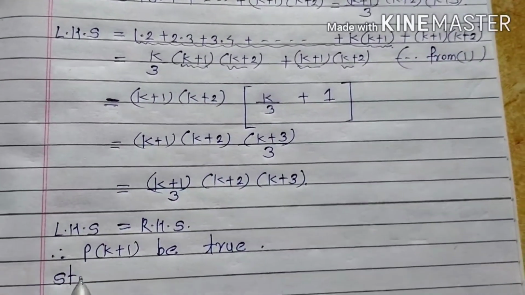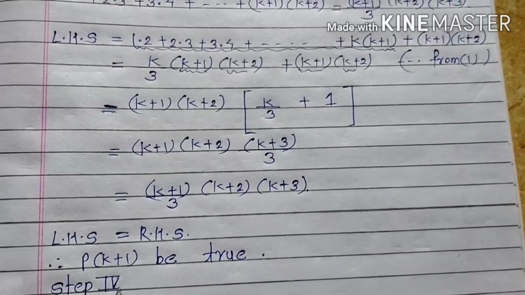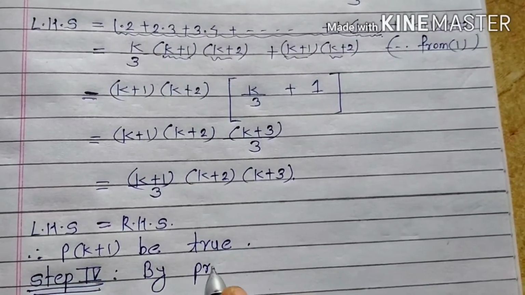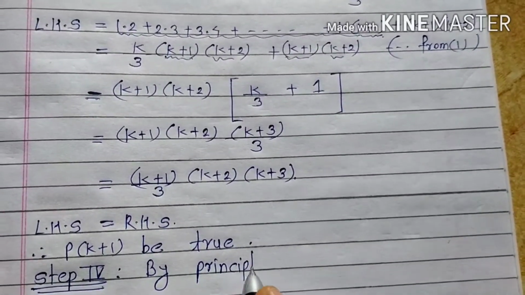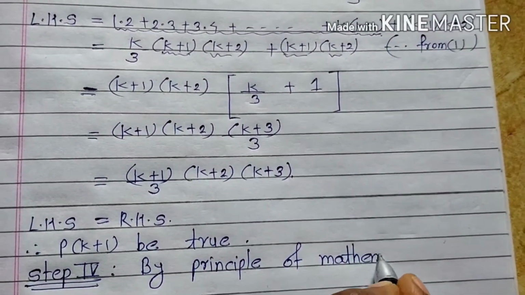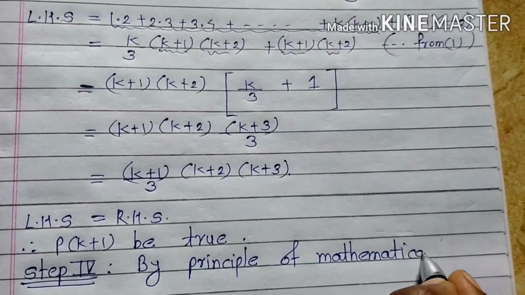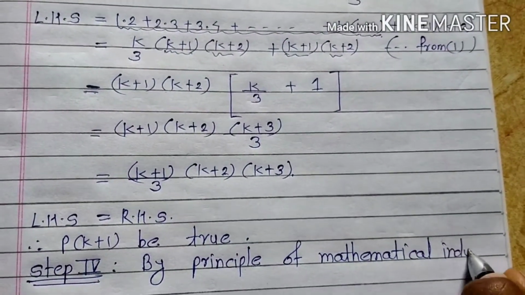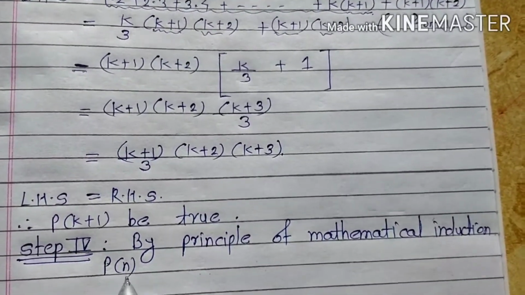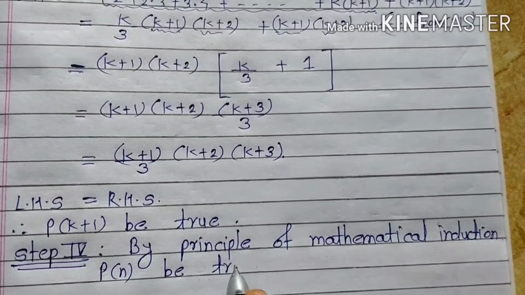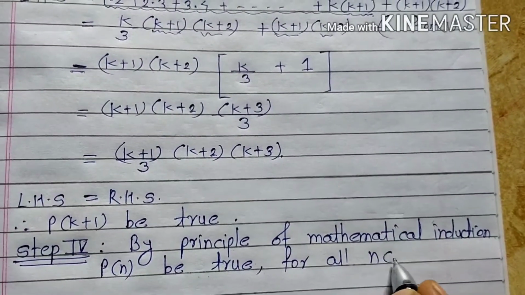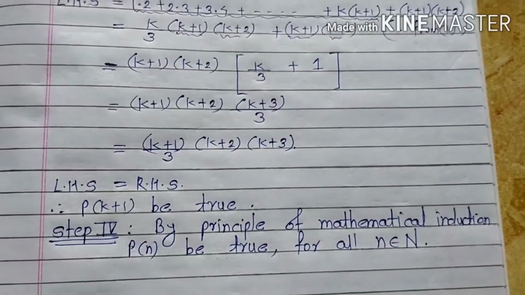Now step 4th. So by principle of mathematical induction, P of n is true for all n belongs to natural number.